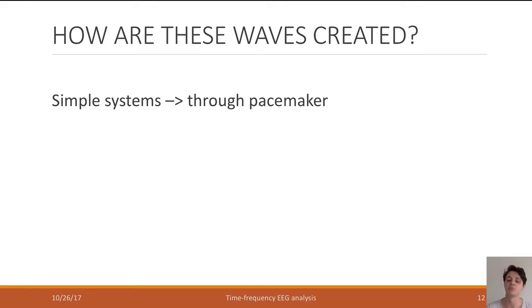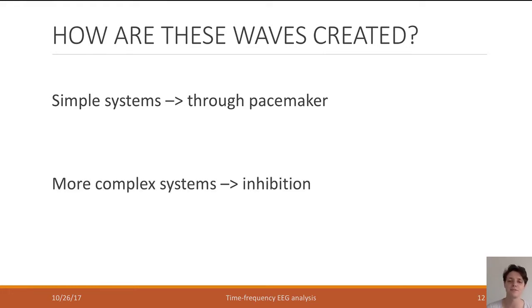The pacemaker bursts on and then stops, and then bursts and then stops and then bursts again, and therefore creates a kind of oscillatory pattern. However, if you look at more complex systems, you can have whole models of different neurons working together, and inhibition is here sort of the central key factor which creates these oscillations.